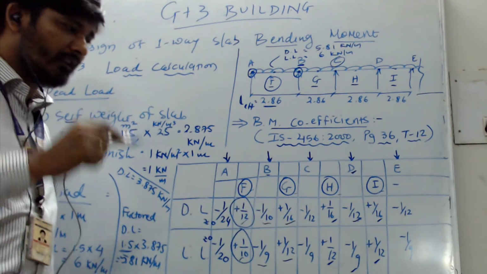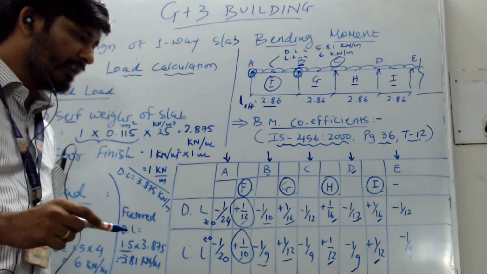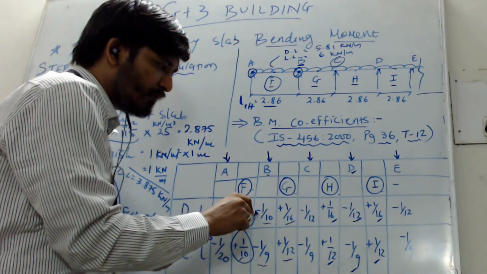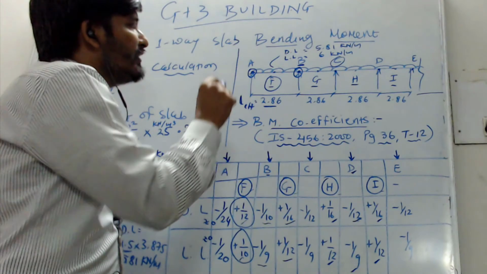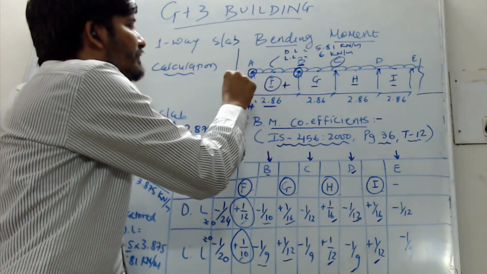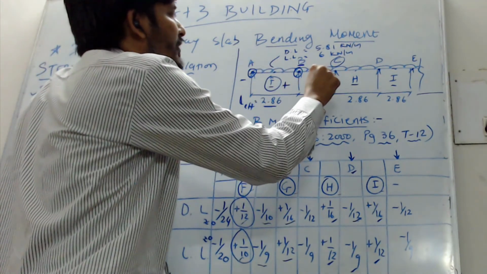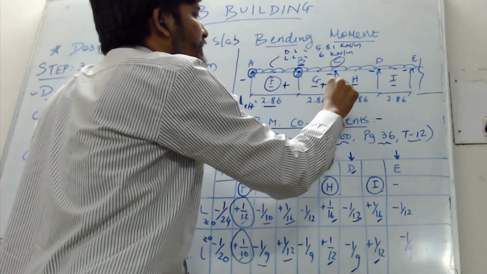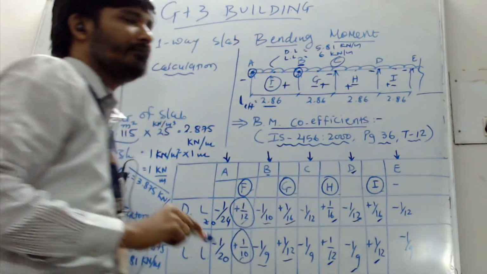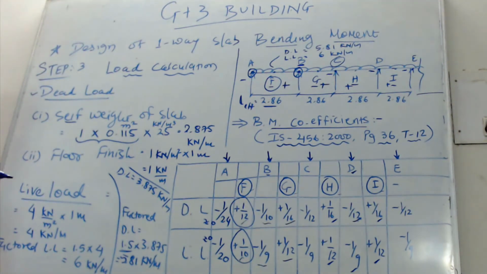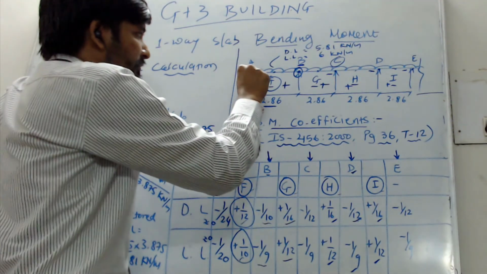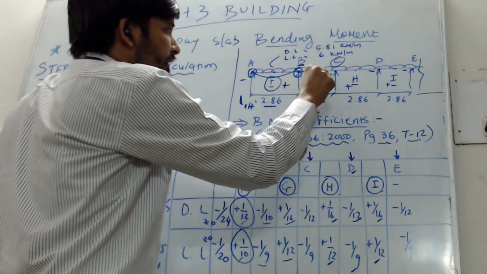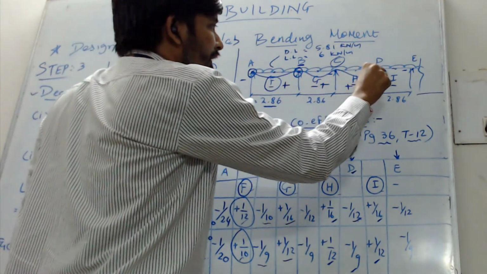Now, a very important thing to be noticed here is why these values are negative at the supports and why these values are positive at span. If you observe, all the values at supports are negative and all the values at spans are positive. The reason is that if you draw the bending moment diagram, it looks something like this, and so on.